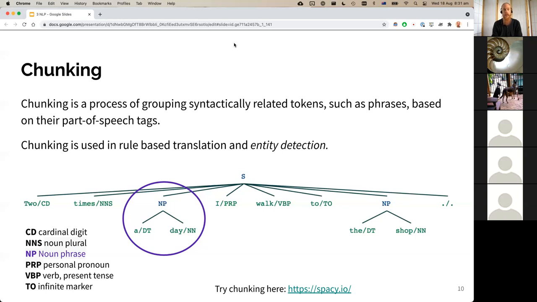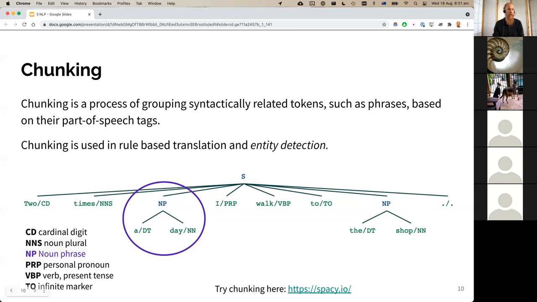This can be handy for technologies such as machine translation, where we might translate an entire noun phrase rather than trying to translate individual words. And we'll see it being used later on in entity detection, which is where we identify the names or the locations in some text.